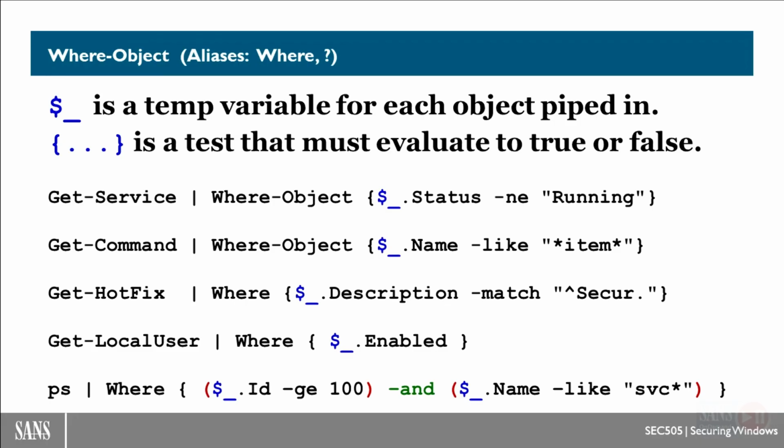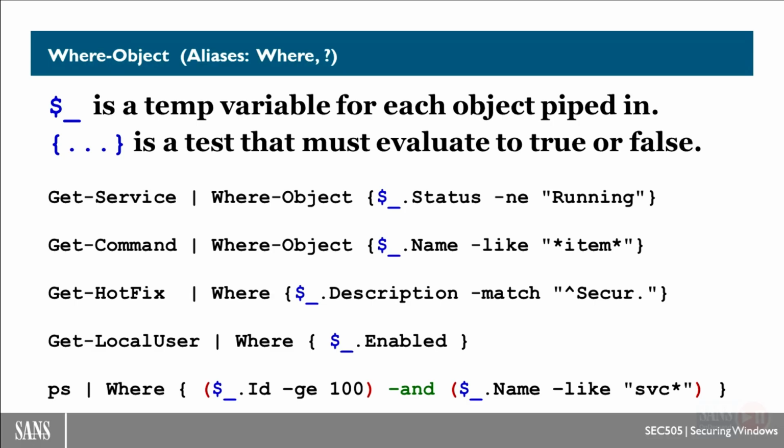Now for that last line on the slide, if I were to describe this in normal English, it would be something like this. Get all processes where the process ID number is greater or equal to 100, and where the name of that process is like svc*. In other words, the name begins with the letters SVC followed by anything.